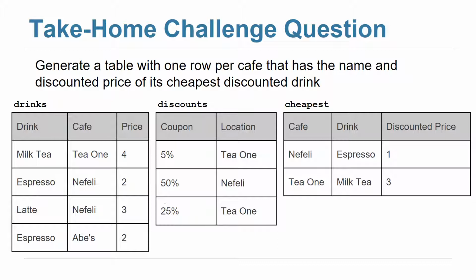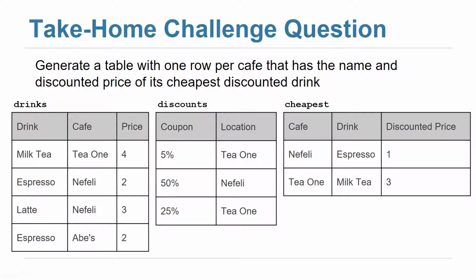So the question here is about generating this table, which is giving us the cheapest discounted drink for each cafe. In the previous question, we wanted the discount price for everything.